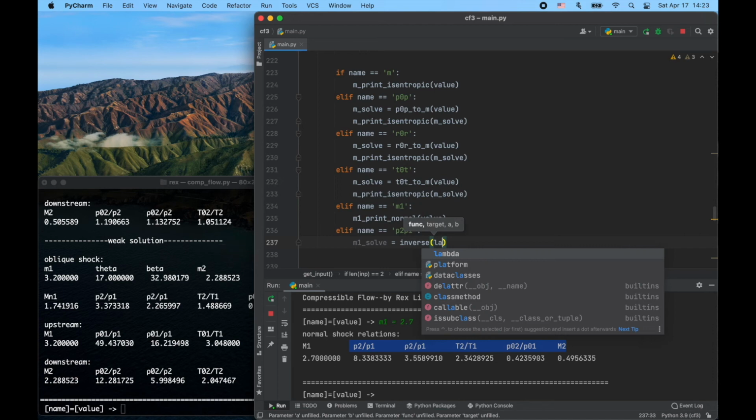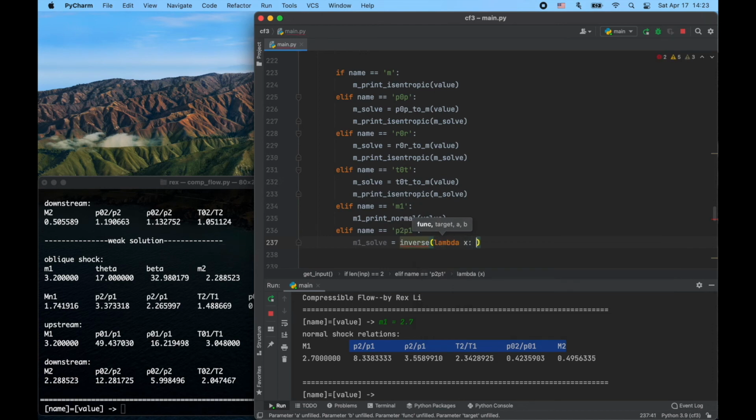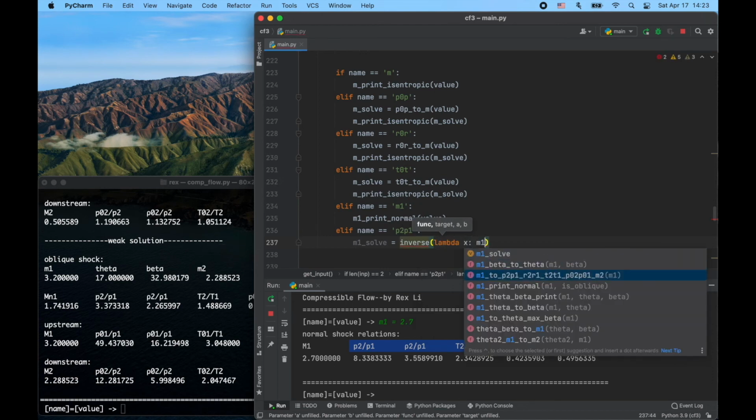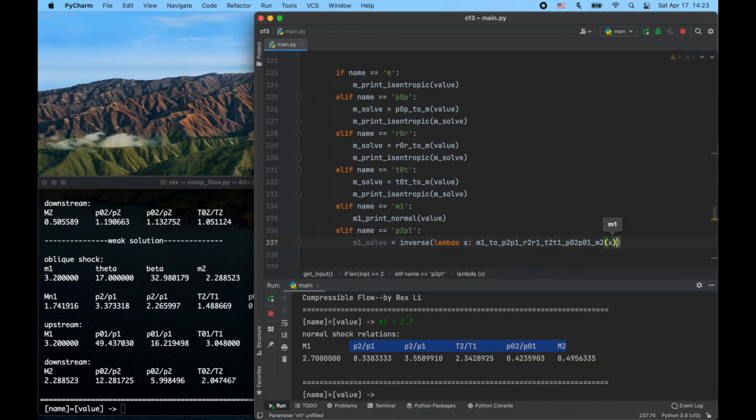The target is going to be value, and the range is from 1 to a really large number. Then we print the solved M1 value. This is for P2/P1, and it is the same for all of the other things.